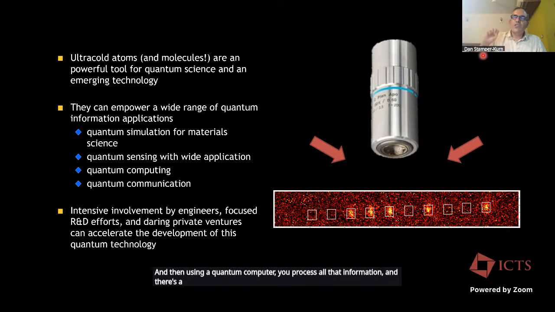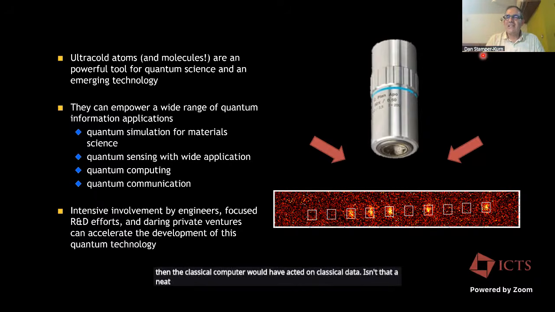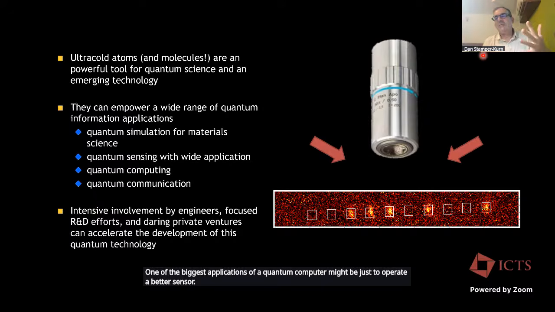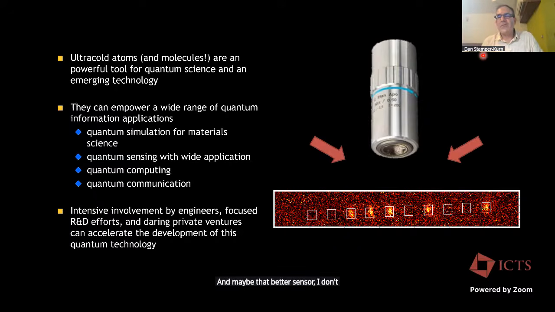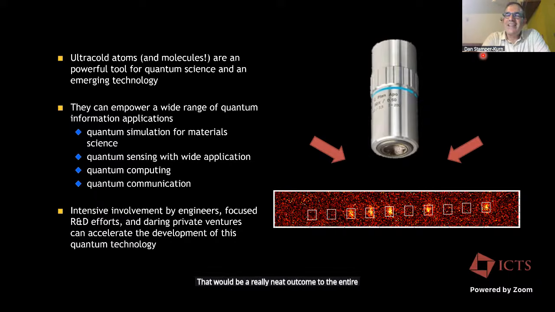And there's a way in which you can actually extract more information, because a quantum computer has acted on this data than the classical computer would have acted on classical data. Isn't that a neat idea? So one of the biggest applications of a quantum computer might be just to operate a better sensor. And maybe that better sensor, I don't know, discovers something new about the universe. That would be a really neat outcome to the entire quantum information game.